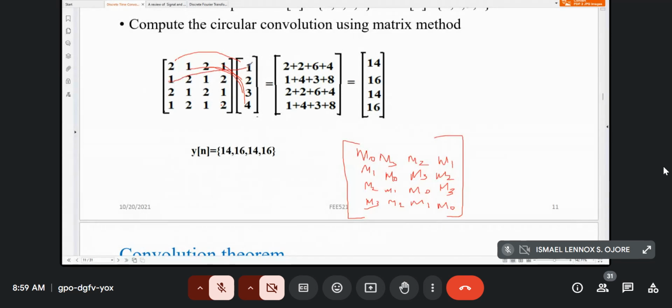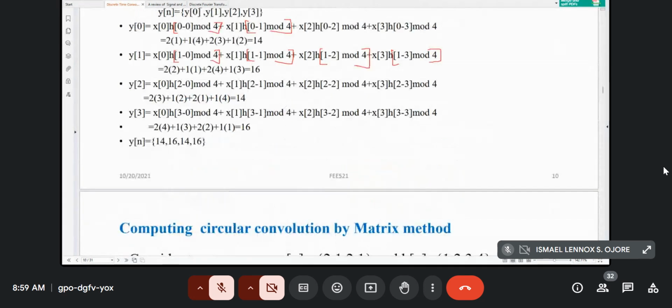Again, this is 2 plus 2 plus 3 plus 8. And this is 2 plus 2 plus 6 plus 4. This is 2 plus 2 plus 3 plus 8. Not 2, sorry. This is 1 plus 4 plus 3 plus 8, that's 16. So you can see, using this method, we have managed to get the same answer.